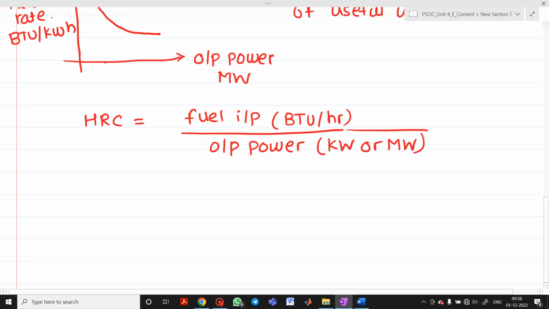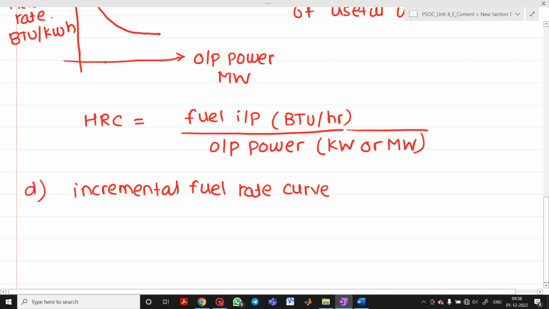Now let me tell you about the fourth point, that is the incremental fuel rate curve.